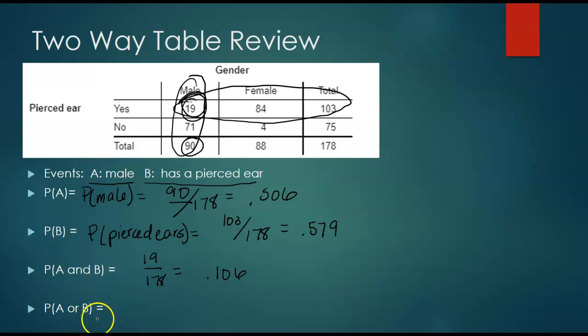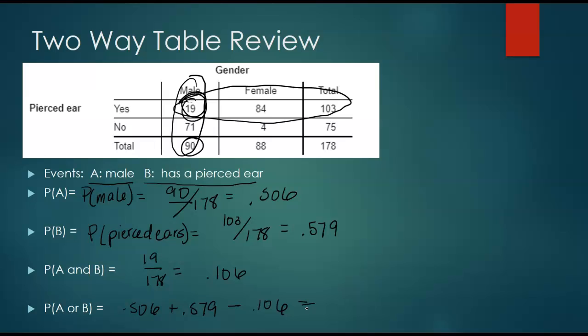Now, probability of A or B. Some of you were really careful about using your formula last time. All we have to do is add our probability of A, which is 0.506, to our probability of B, and then I need to subtract the overlap, the probability of A and B, 0.106.